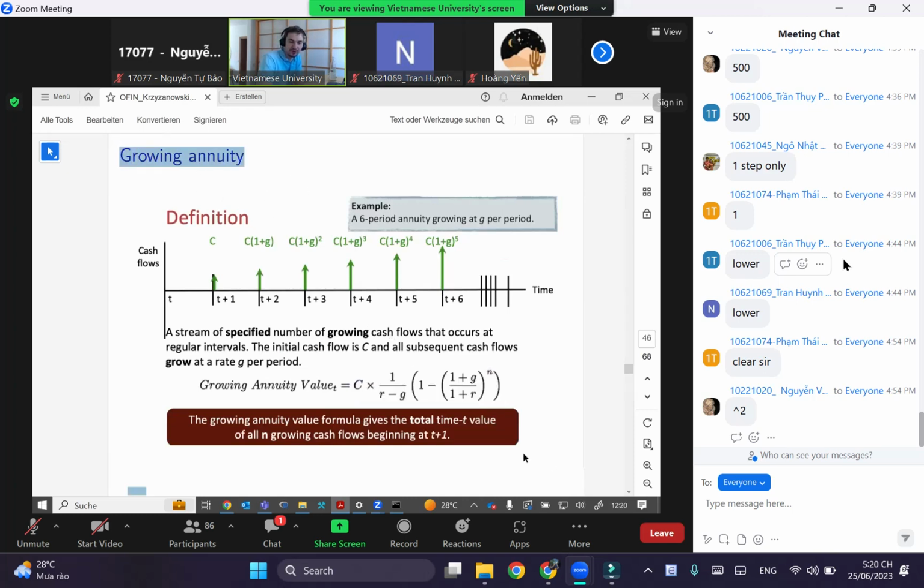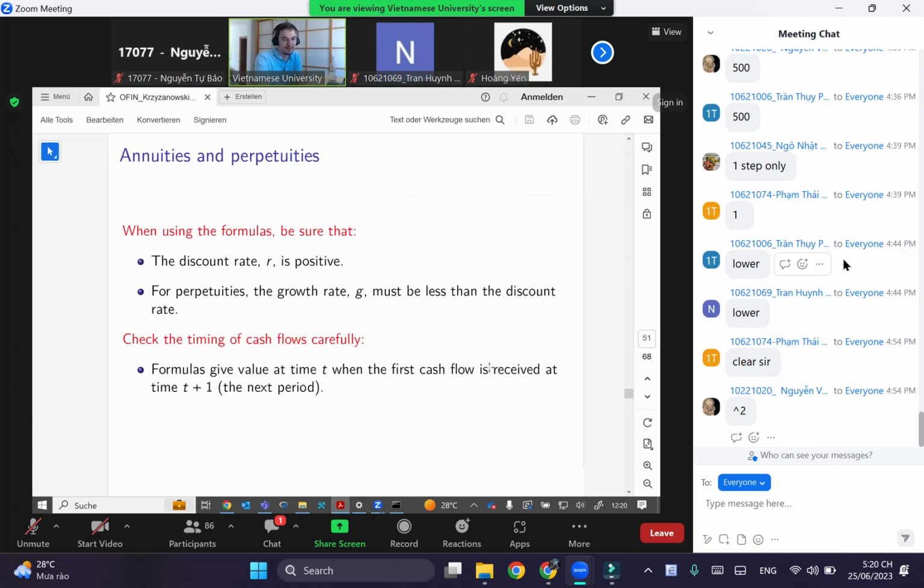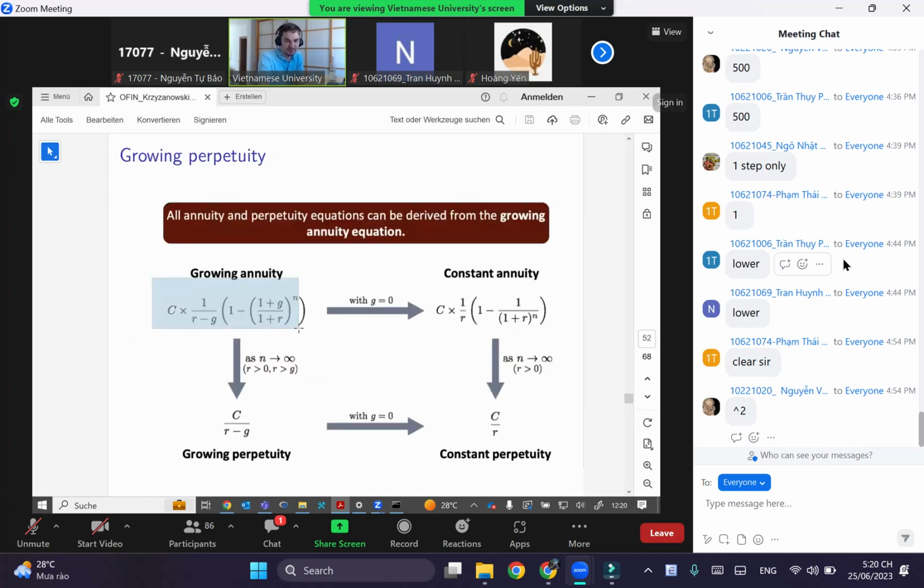As I said, we are not going to derive and prove that this formula is the case, so this is somehow given to you. But once we have this formula from the growing annuity, if we increase n to infinity, we move from the growing annuity, which was characterized by a finite set of payments, to infinity.